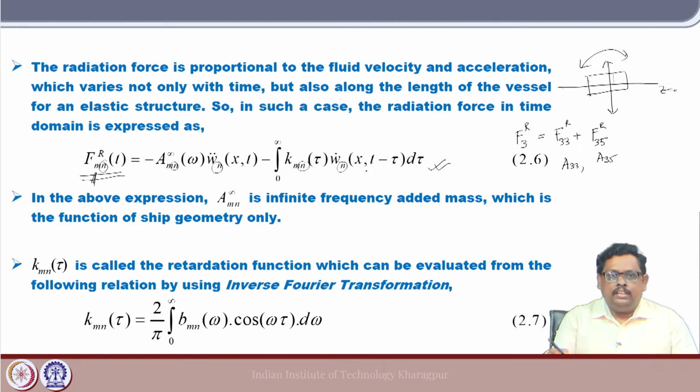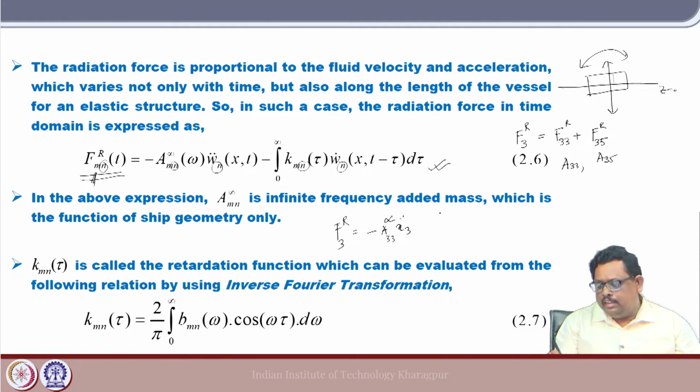Now, as you know, it is similar to your rigid body. In case of a rigid body, how do we write this radiation force? If you remember, this radiation force F of r is minus the added mass at infinity, and let us say if you are writing in the third mode, then we write this into x double dot 3.